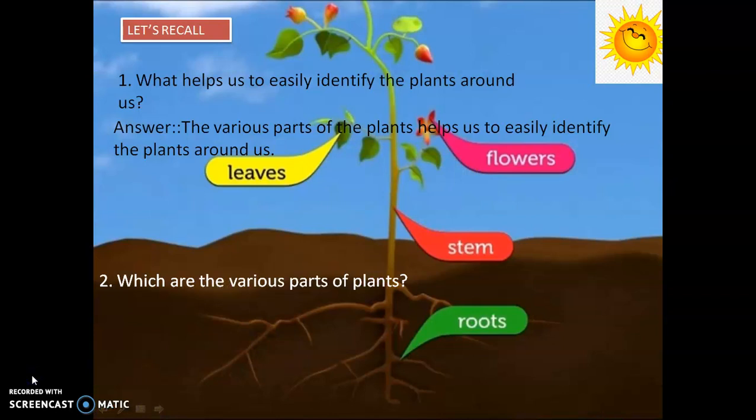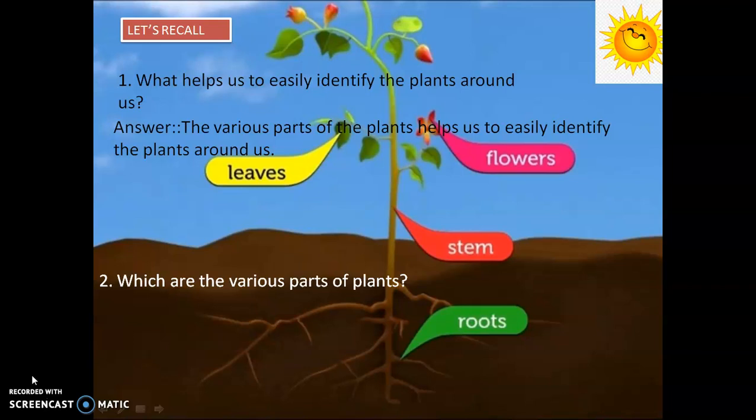Let's recall what helps us to easily identify the plants around us. The various parts of the plant help us to easily identify the plants around us. You know that we have so many plants around us. Do all plants look alike or the same? No, they are different. So, different parts of the plant help us to identify the plant.